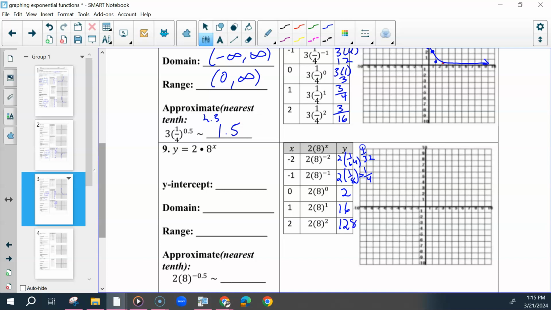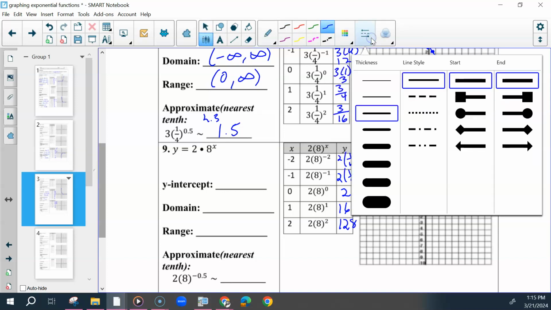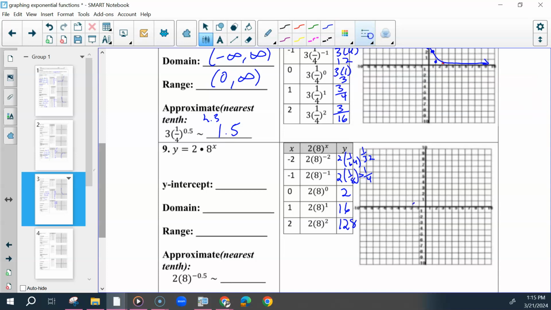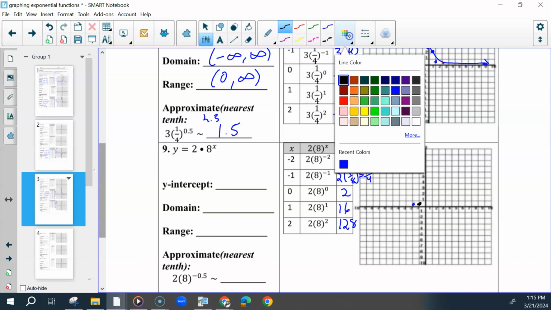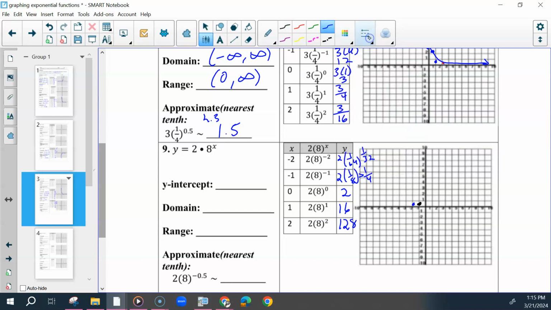So the points on this I can plot (-2, 1/32), (-1, 1/4), (0, 2). 1/16 is going to be way up there.